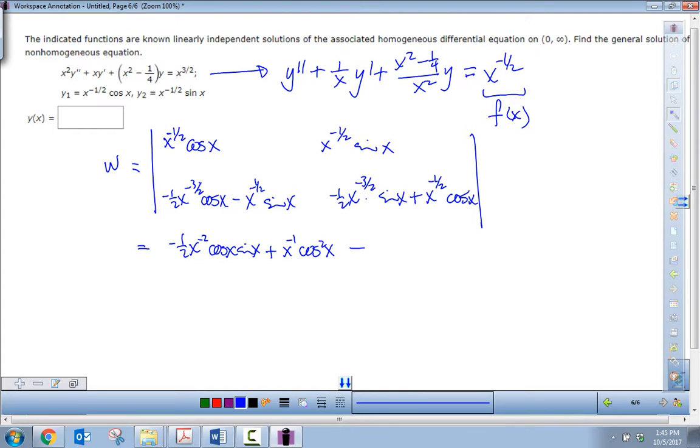So that's the diagonals being multiplied, and we're going to subtract the wings being multiplied. Negative 1/2 x to the negative 2 sine x cosine x, minus x to the negative 1 sine squared x.